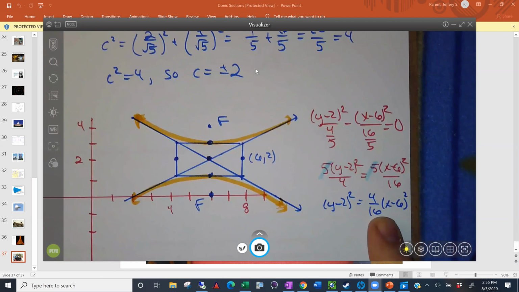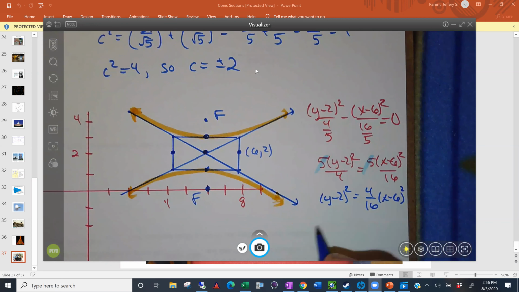If you're dying for me to simplify that, sure, got your back. y minus 2 squared equals 1/4 x minus 6 squared. I got an extra parenthesis in there. That'd give you a computer error.